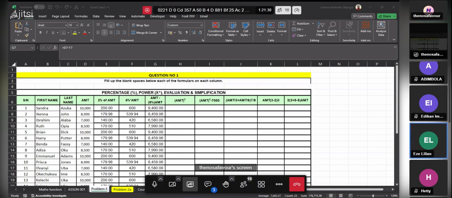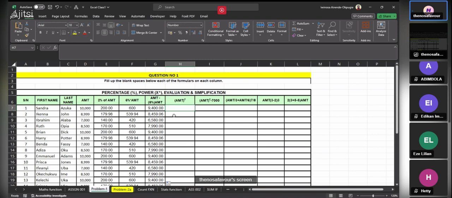Okay. The next one. Equal to. Okay, we write D7.